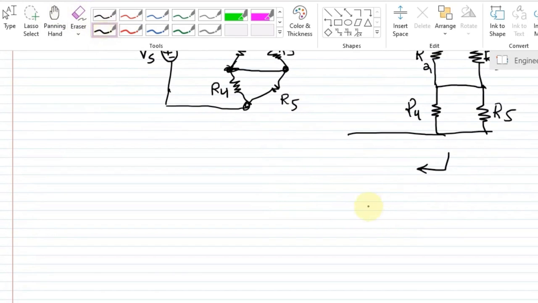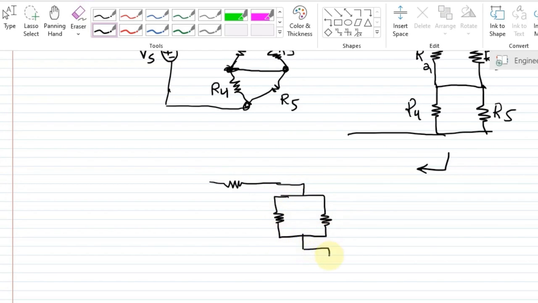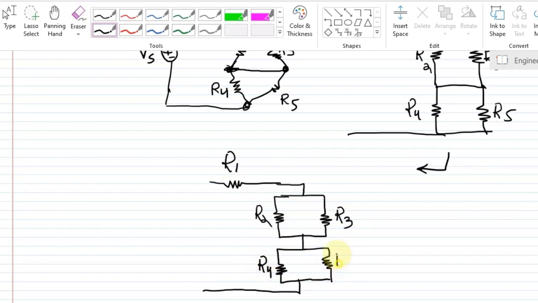When I simplify this circuit, what will happen? This simplified circuit can also be written like this, the more simplified version, where this is R1, this is R2, R3, R4 and R5.